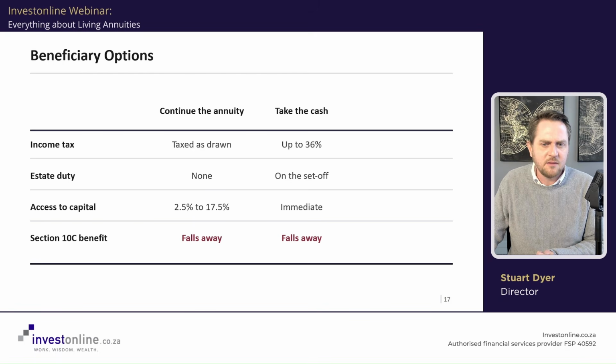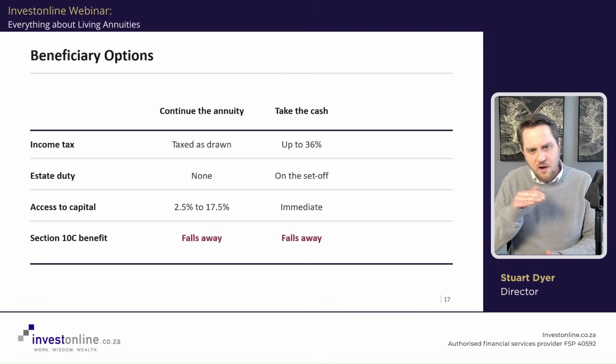Other option is that they can take the cash. So if they don't want to have an annuity, potentially if they live overseas or if they really want to take the capital, they can withdraw the full amount as a tax lump sum. That is taxed as per the retirement tax tables. So the same tax table where you see the 550,000 tax-free all the way up to 36%, that tax table gets applied.